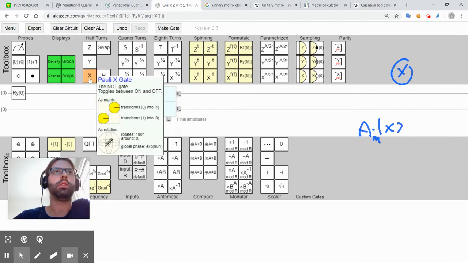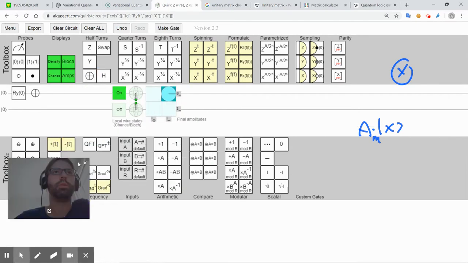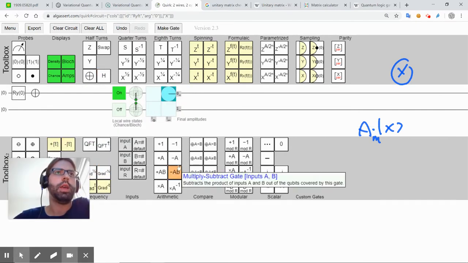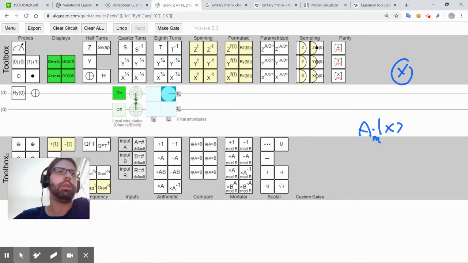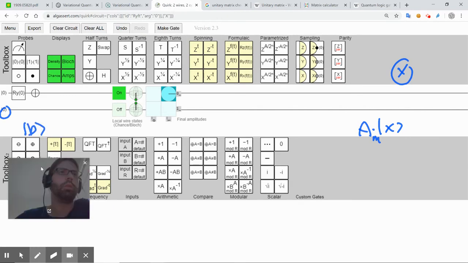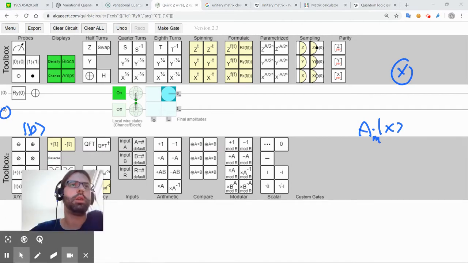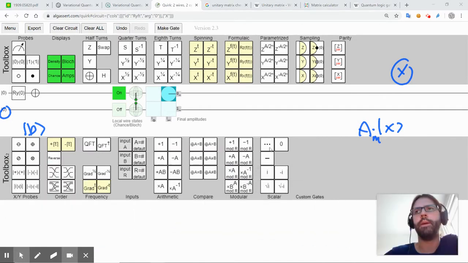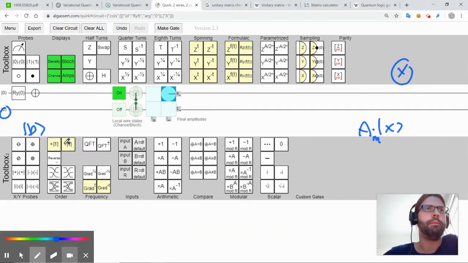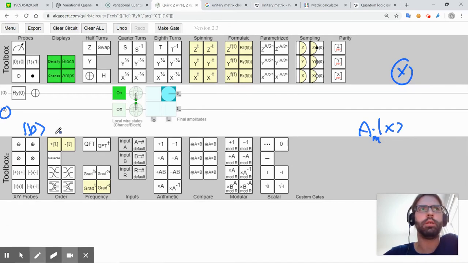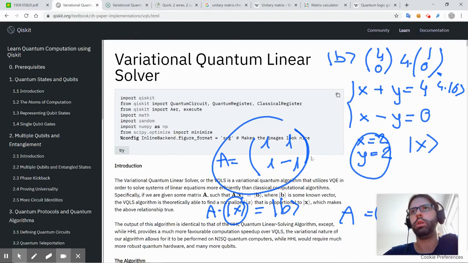Now in the second qubit, what I want to be doing here is preparing a state that represents b, so I can do a Hadamard test, an overlap test. Now, how do I prepare B when B is not unitary, obviously?